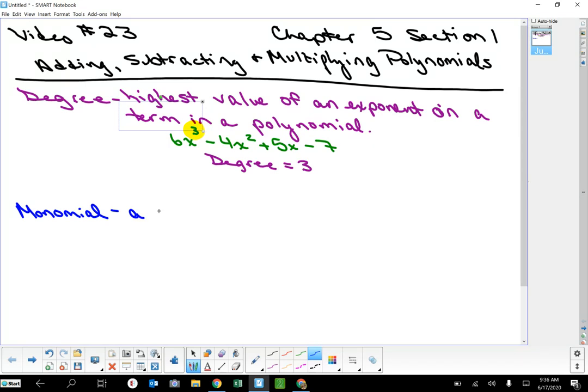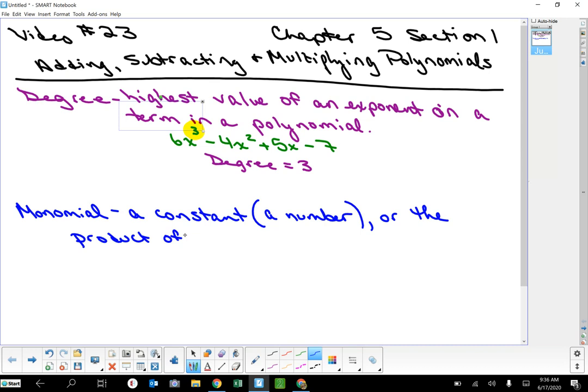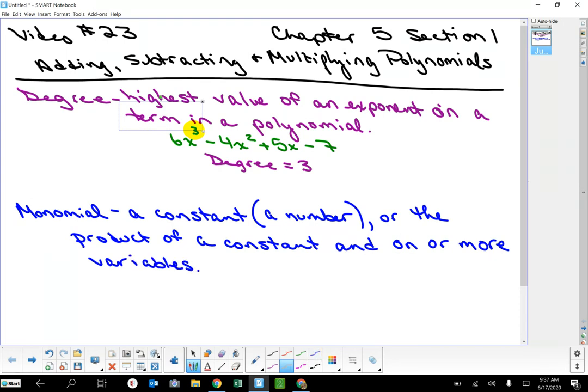A monomial is a constant, which is just a number, like 10 is a constant, or the product, which means multiplying, of a constant and one or more variables.